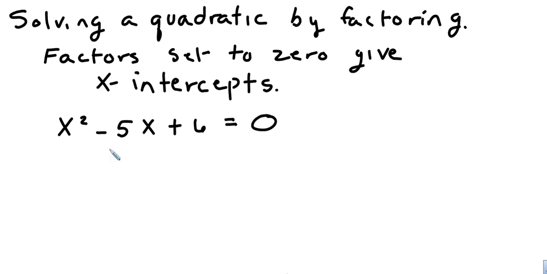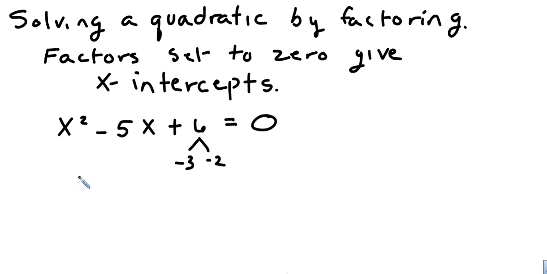And so let's look at this one. x squared minus 5x plus 6 is equal to 0. You should be fairly comfortable at this point by saying, I need factors of 6 that add up to -5. And those numbers are -3 and -2.